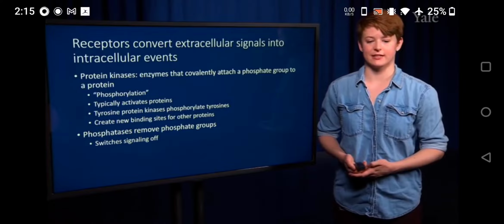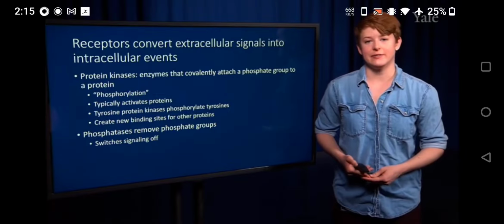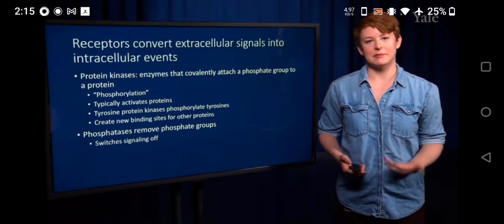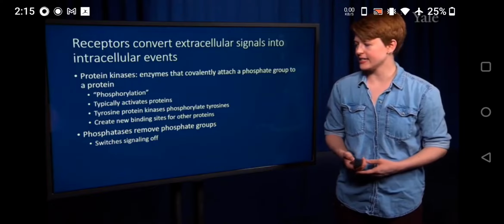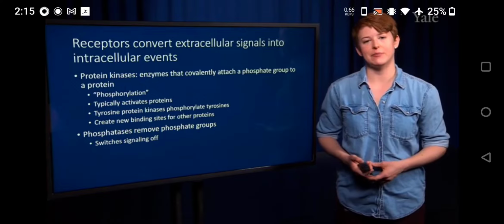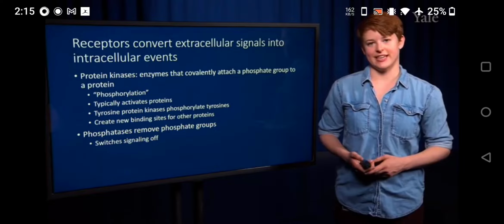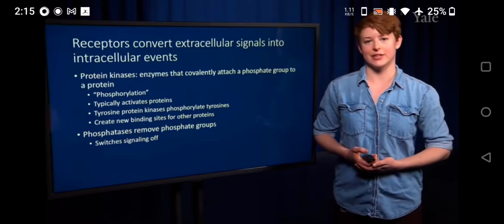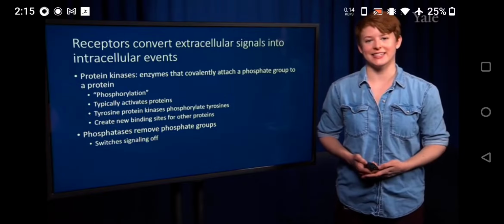We'll be talking today mostly about tyrosine receptor kinases, which are specific to phosphorylating tyrosines on proteins. And this helps create new binding sites for different proteins, which will help propagate the signal. And phosphatases, conversely, remove phosphate groups. And this typically switches a protein off for similar reasons to how the kinases turn proteins on.